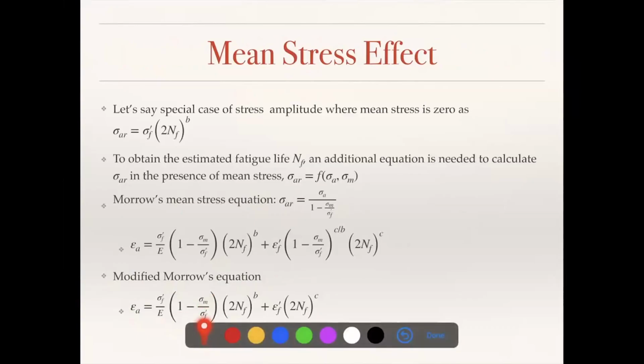I think that is pretty much how you will deal with the strain life approach. I will give you certain assignments so that you are prepared to solve problems using the strain life approach. And next week, we will primarily focus on creep failure.